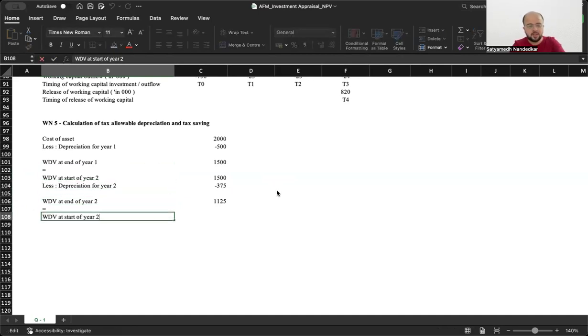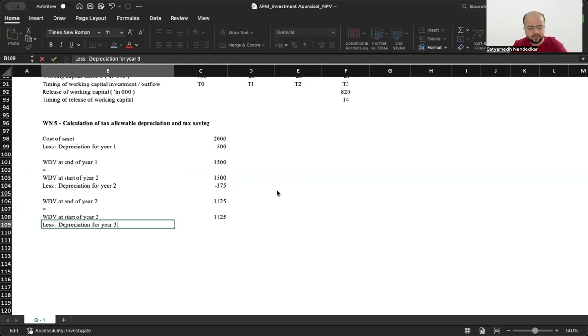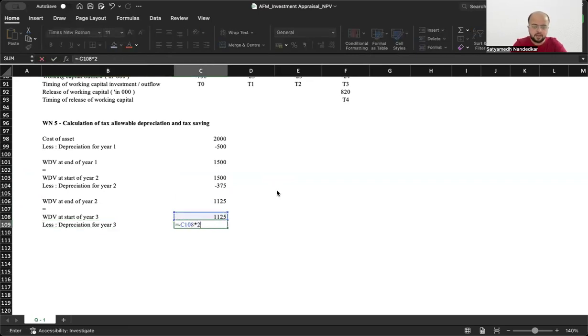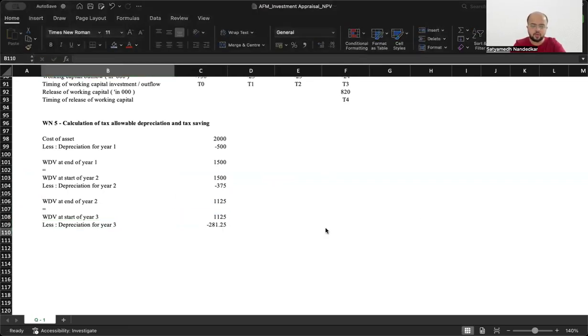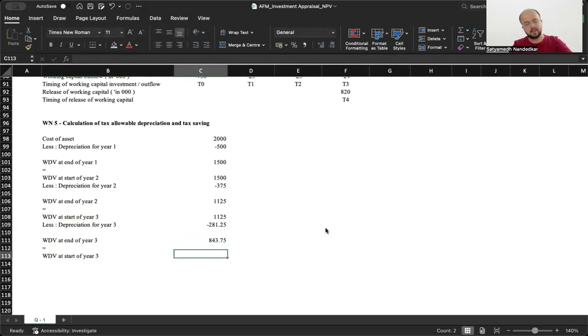WDV at end of year 2 means WDV at start of year 3, 1125. अब इसमें third year का depreciation लगेगा. This into 25%, 281.25. अब what you get is WDV at end of year 3, which is the same as WDV at the start of year 4.